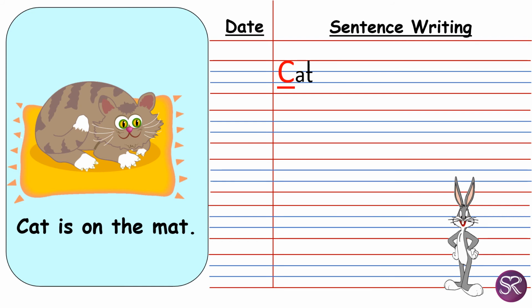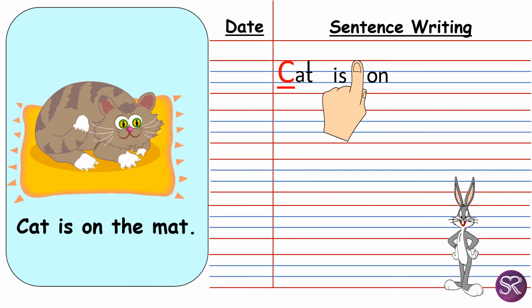So I will keep my pointer finger like this and then start writing is. I-S is. And then I will remove my pointer finger and move next to is. Then I will write the next word on.